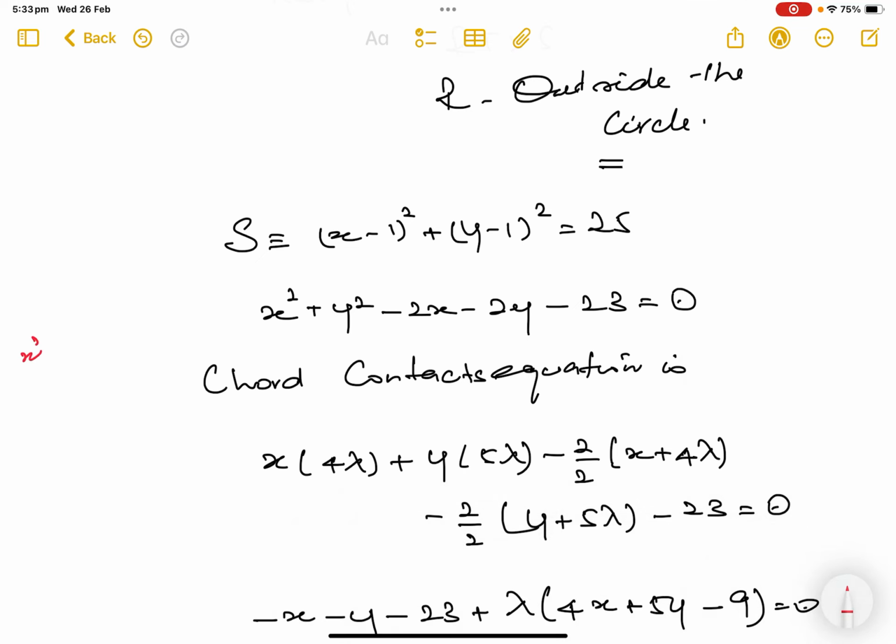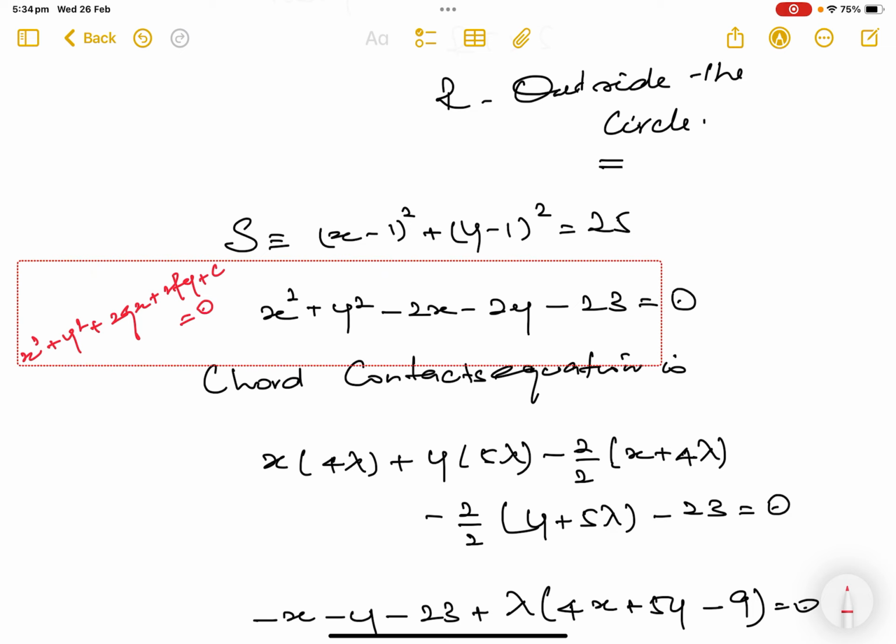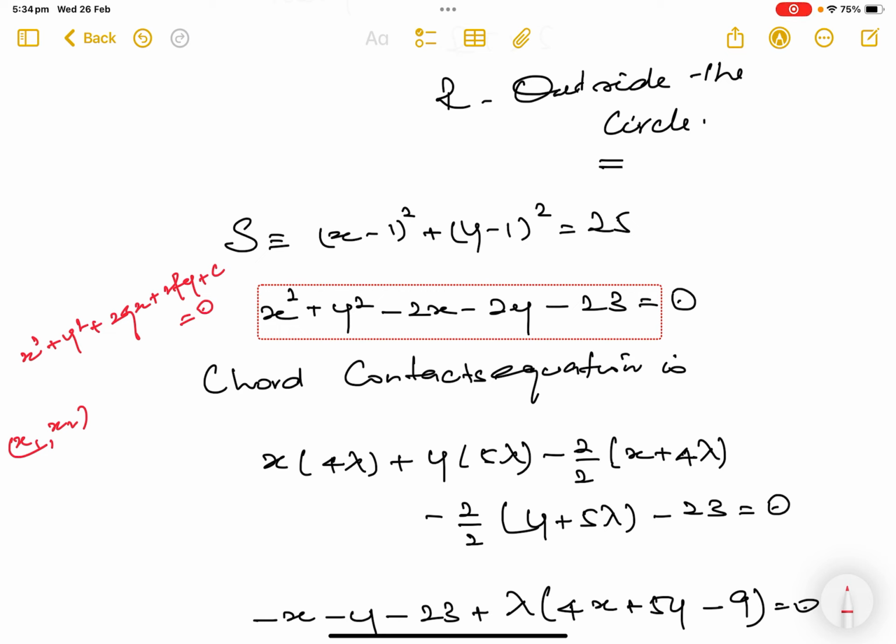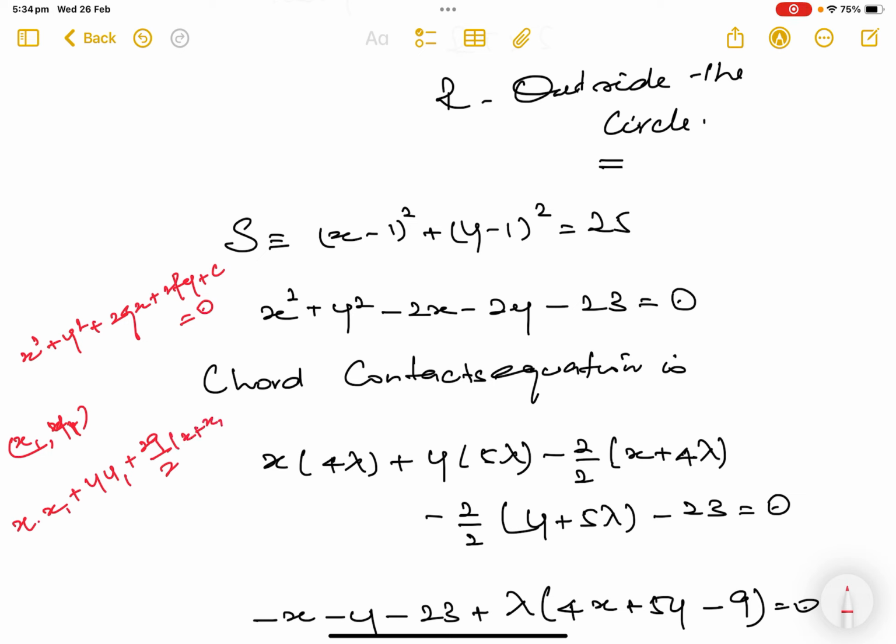So if the equation is x squared plus y squared plus 2gx plus 2fy plus c equals 0, if that is the equation of a circle, then for an outside point, say R is (x1, y1), a point outside the circle, the standard equation of the chord of contact would be x times x1 plus y times y1 plus 2g over 2 times (x plus x1) plus 2f over 2 times (y plus y1) plus c equals 0.